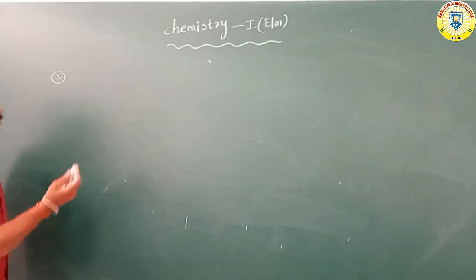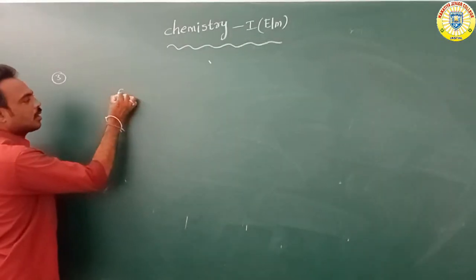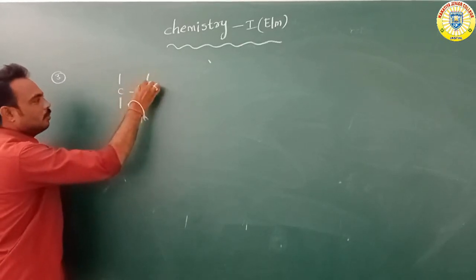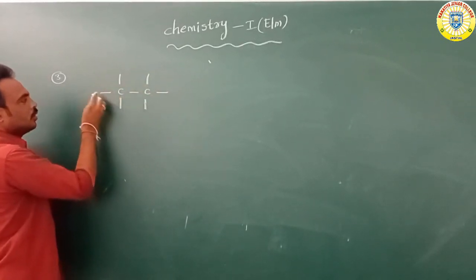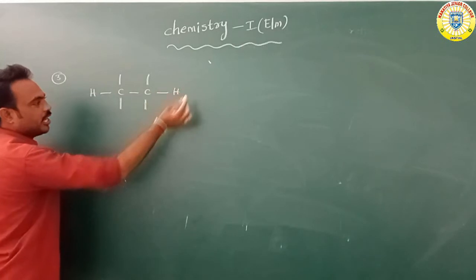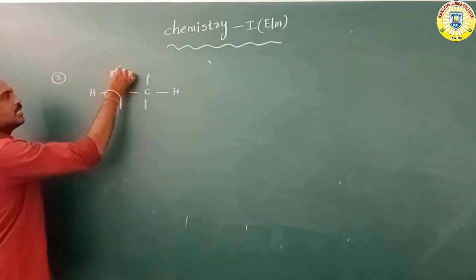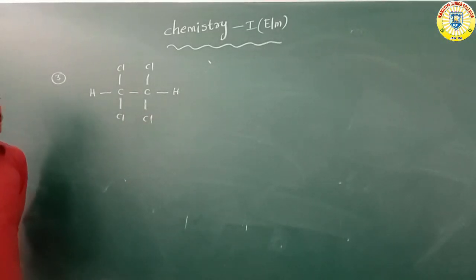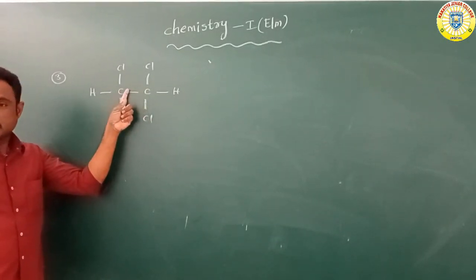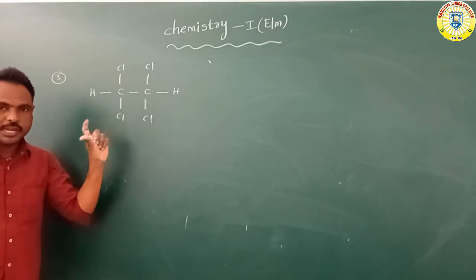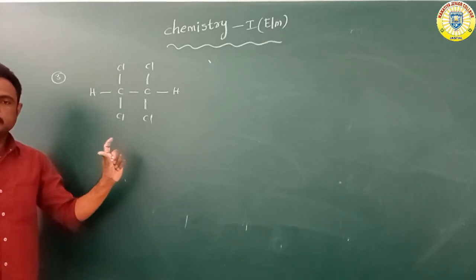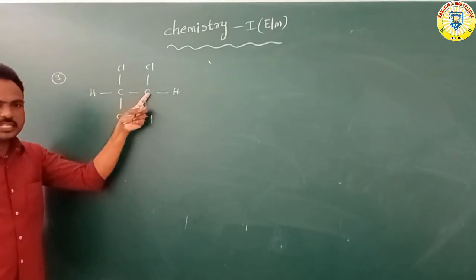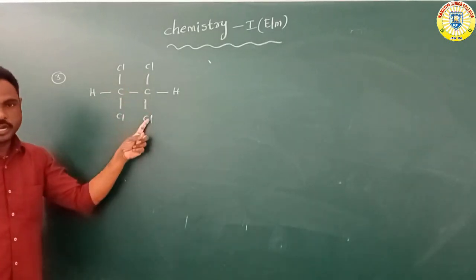Next, suppose for example carbon bond carbon, bond H, Cl. So each carbon is attached with two chlorine atoms. This carbon is attached with two chlorine atoms. This carbon is also attached with two chlorine atoms.